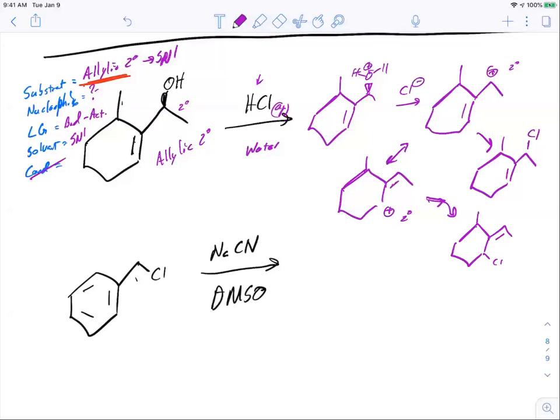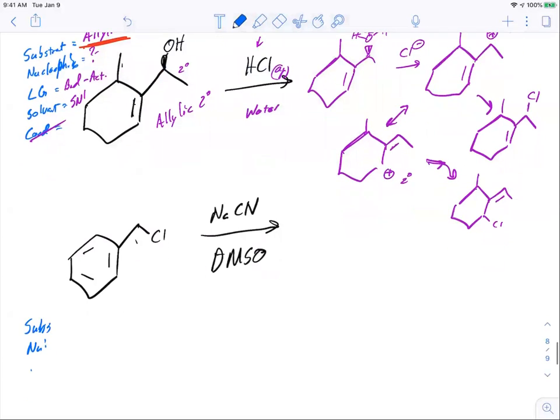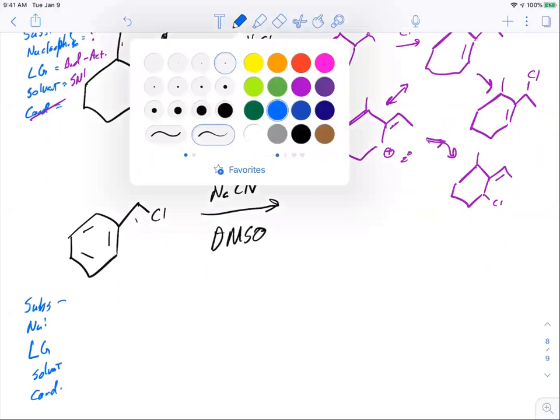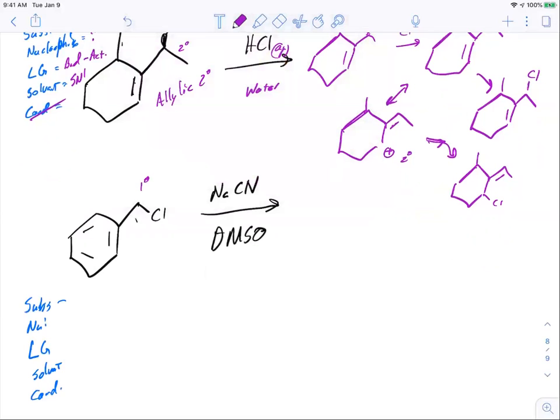Let's quickly go through the next one. Here again, we're going to look at substrate, nucleophile, substrate electrophile, you can think about it that way, our leaving group, solvent, if we have one, and conditions, if there are any. Okay, if we look at our substrate here, I've got a primary position, right?